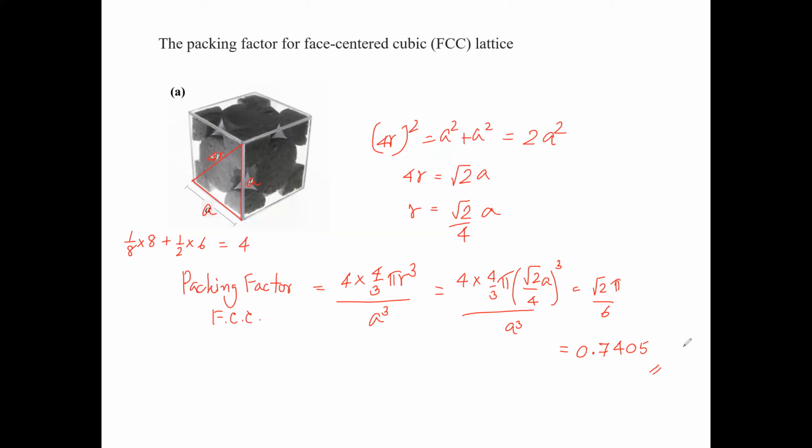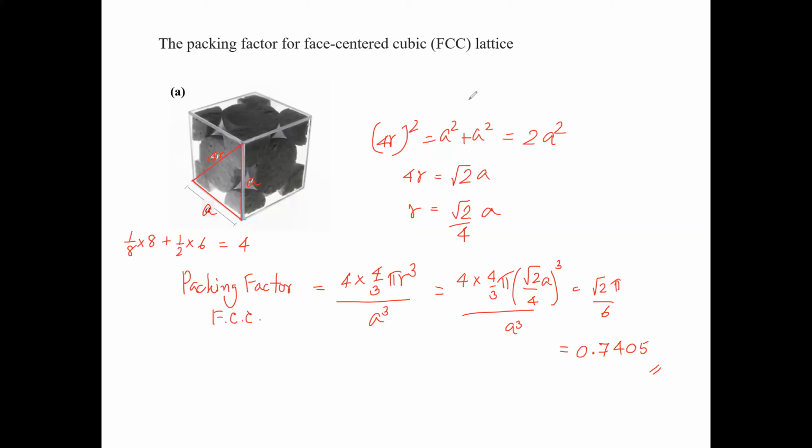Okay, great. So this lecture I will finish for now. And next lecture, I will talk more about primitive unit cell and conventional unit cell, the common one. And also we will come back to packing factor for some common structures, okay?